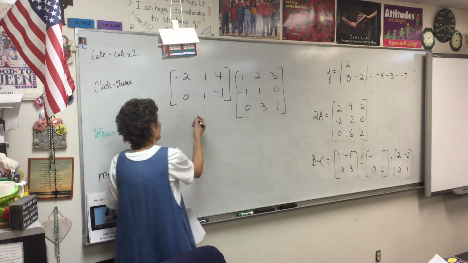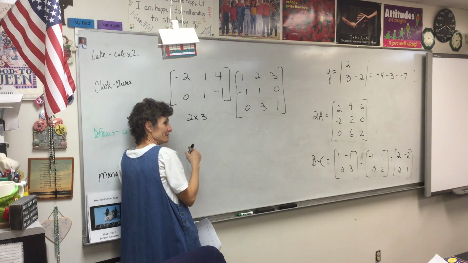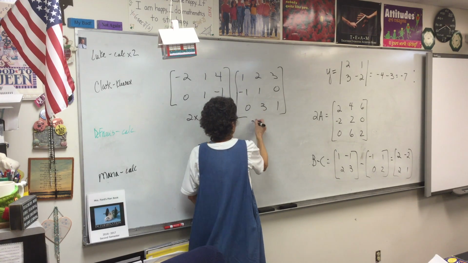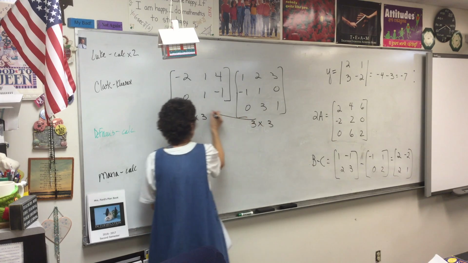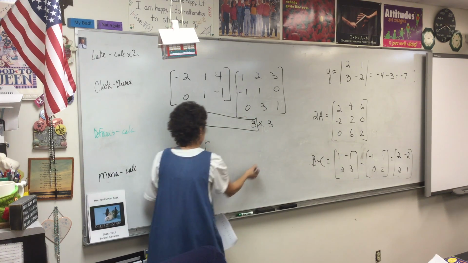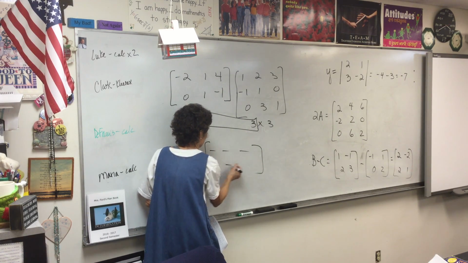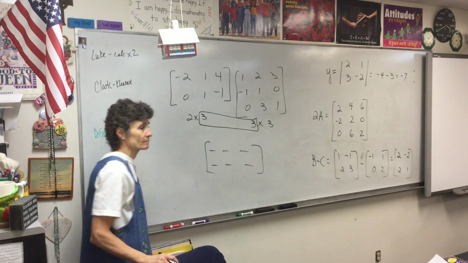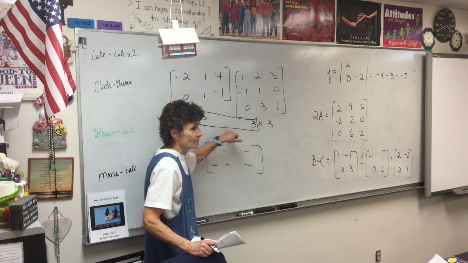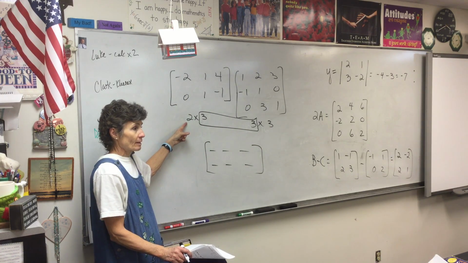This one is 2 by 3. And this one is 3 by 3. Can they be multiplied? Yep. And the answer will be a 2 by 3. Remember, these two have to match. And then the answer is that.